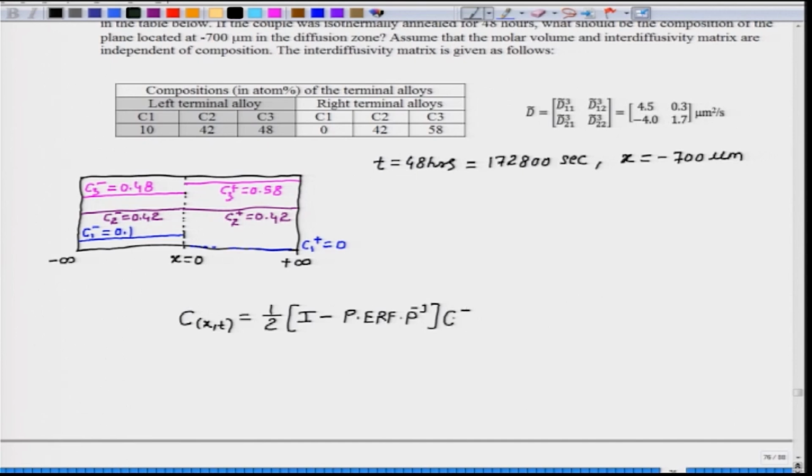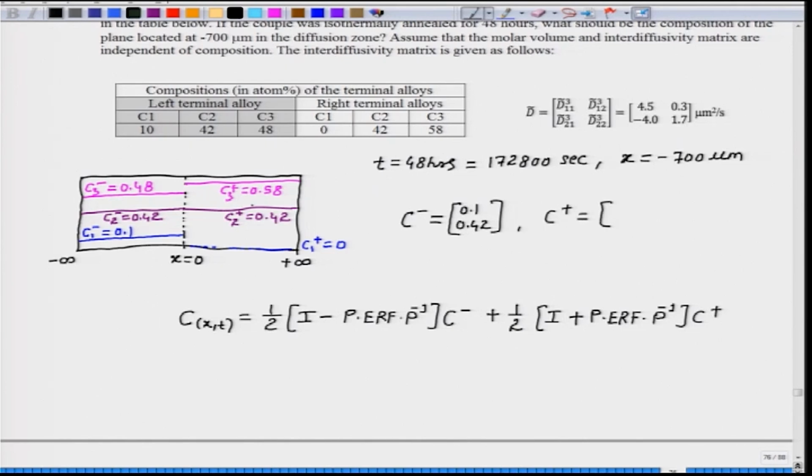C minus is the column matrix of independent concentrations in the left terminal alloy. So, C minus would be 0.1 and 0.42, plus 1/2 times I plus P times ERF times P inverse times C plus. C plus is the column matrix of independent concentrations in the right terminal alloy. So, this should be C 1 plus, C 2 plus, which is 0 and 0.42.